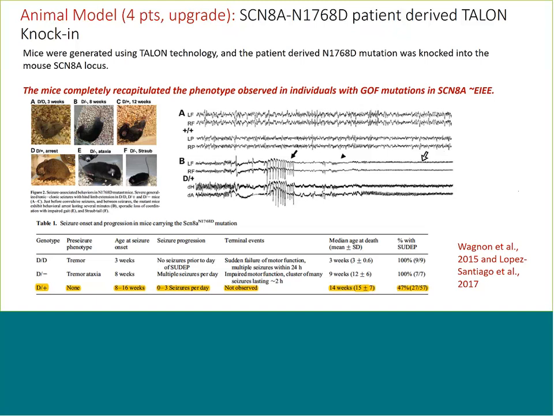If you happen to delete more than one, you can see that there's an earlier age of death at 3 weeks. So because we now had a patient-derived mutation that was knocked in directly to the locus instead of being overexpressed by a transgene, and we had complete recapitulation of the phenotype, I upgraded this to the maximum of 4 points.